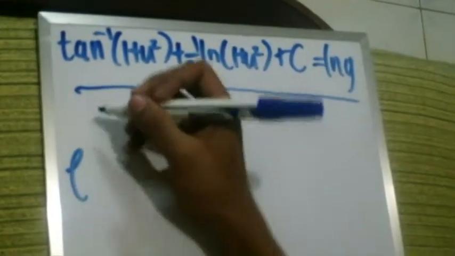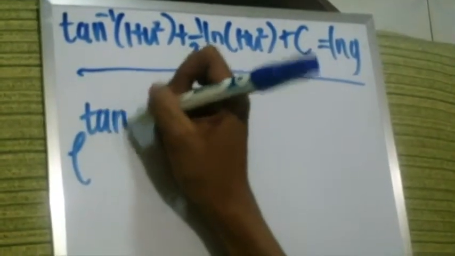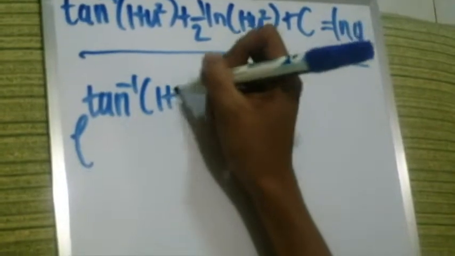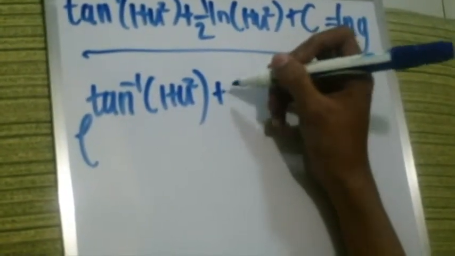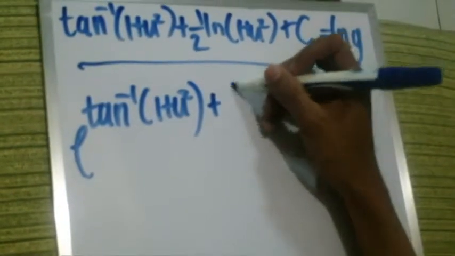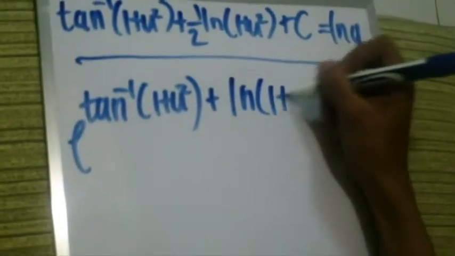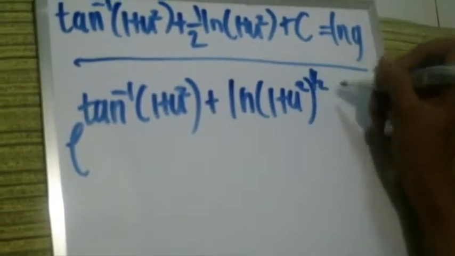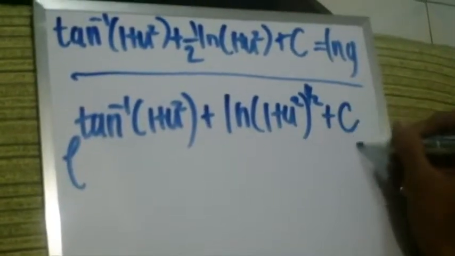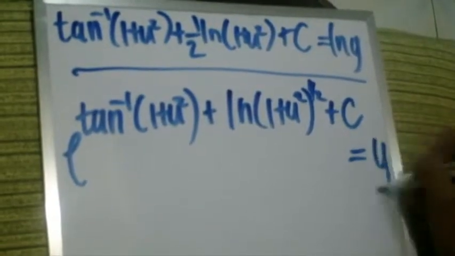We apply e on both sides, so that would be e to the inverse tangent of u plus ln of 1 plus u squared to the 1 half plus c is equal to y.